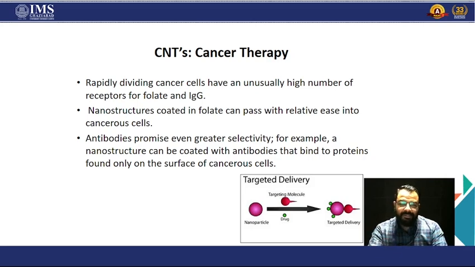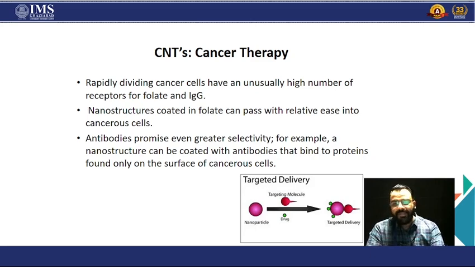So what will happen when these nanostructures are coated with the folate? They are easily compatible with the cancer cell because they have specific receptors. So these nanostructures bind to these receptors which are available in the cancer cells.